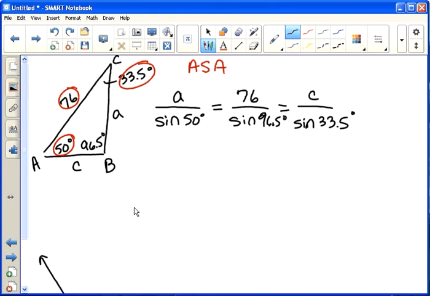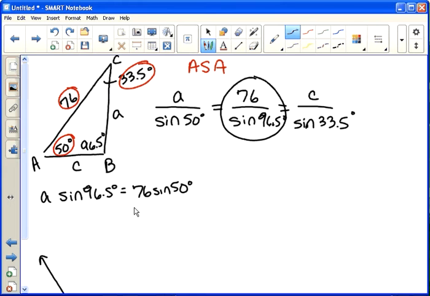Now we can use B, or this fraction right here, with either one of the others to find those other sides. So we'll just do A first. If we go ahead and cross multiply, we get A times the sine of 96.5 degrees equals 76 times the sine of 50 degrees. And then to get A by itself, we divide both sides by sine of 96.5 degrees.